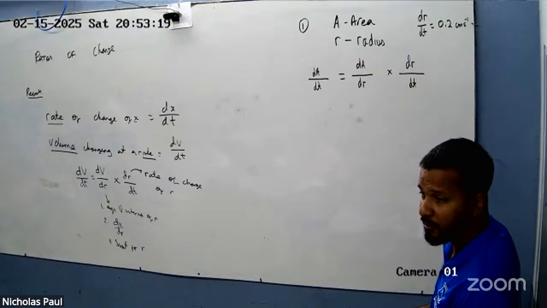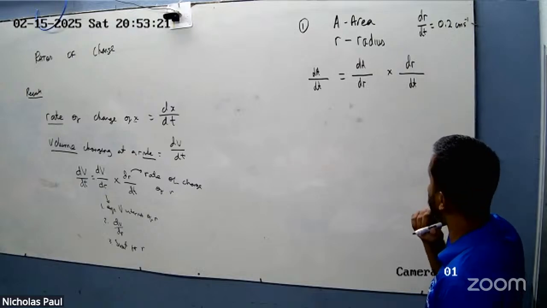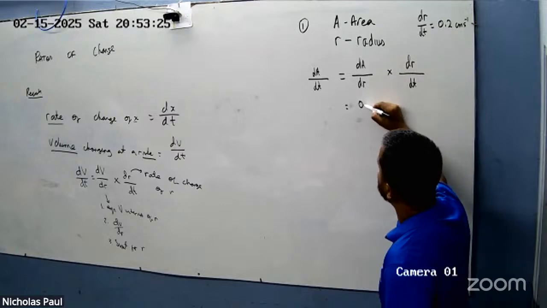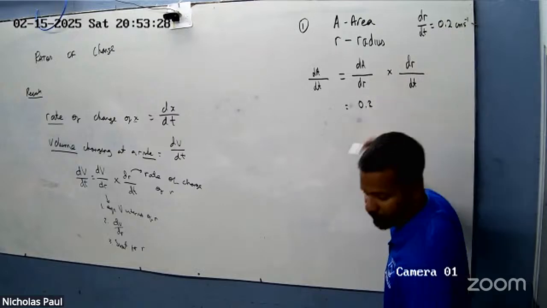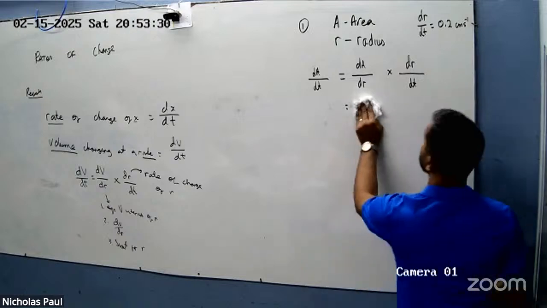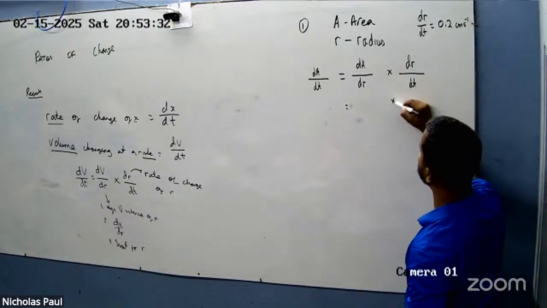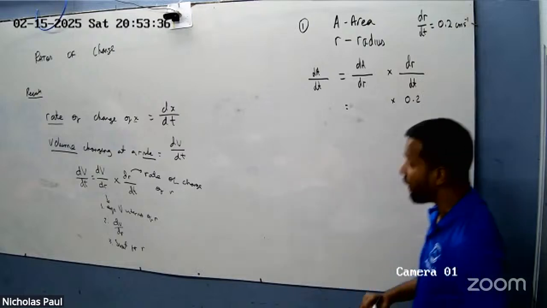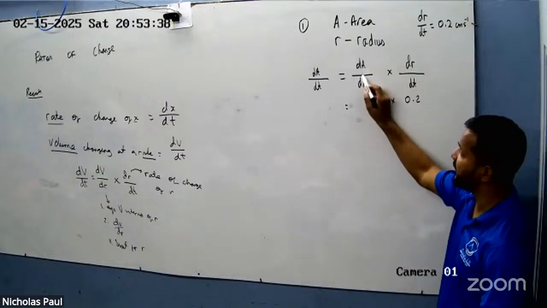So dr/dt is 0.2. Now, how do we get dA/dr?